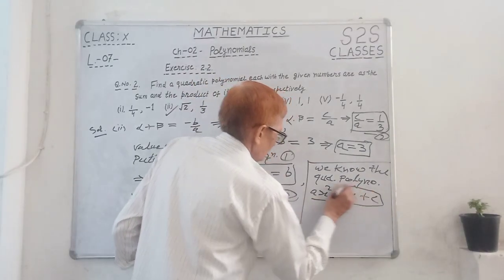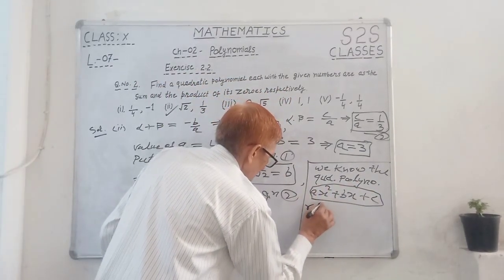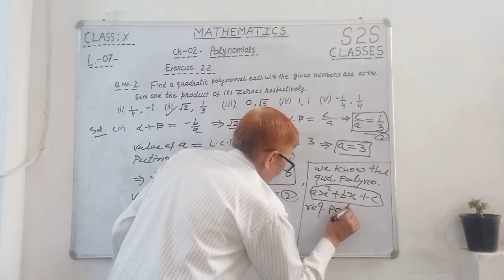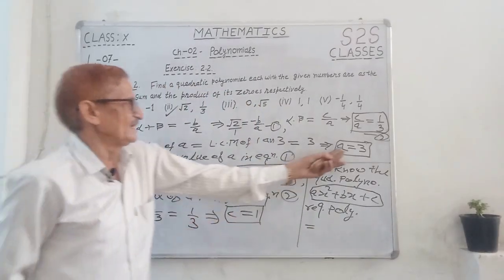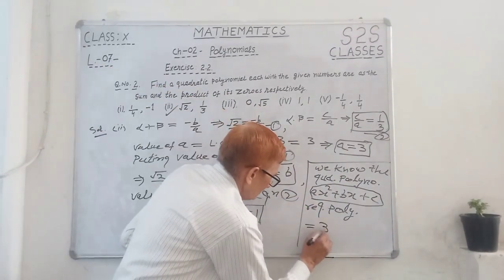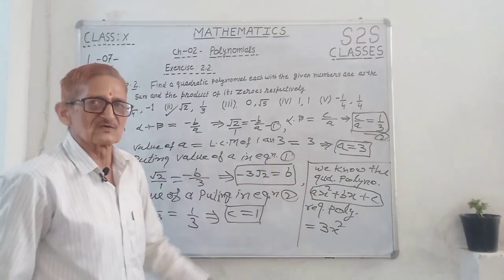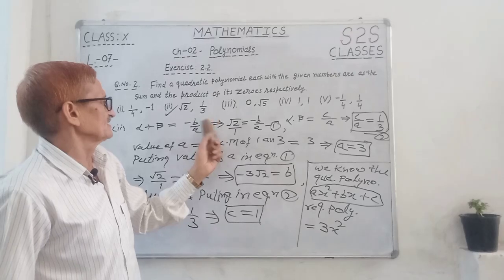Now put in these a, b values. So the required polynomial is equal to, a is 3, then 3x square. Put the values of a, b, c in the standard quadratic polynomial whose zeros were given.